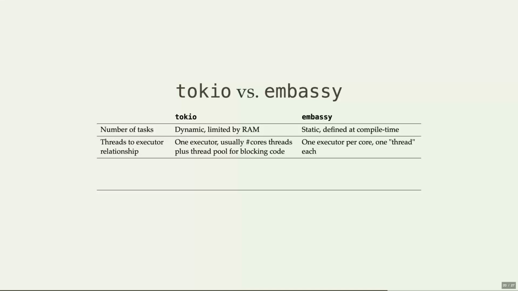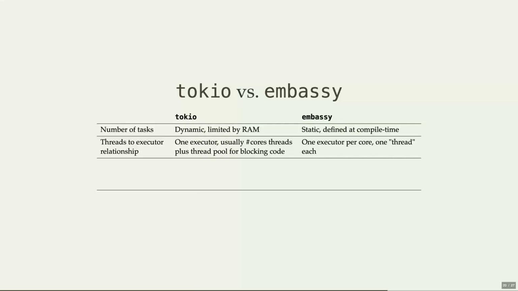The next thing we can compare is the threads to executor relationship. In Tokio, in your application, there is just one executor. And that one executor has a number of threads that's usually equal to the number of cores in your CPU, so that Tokio can make use of your complete CPU. Additionally, Tokio brings a thread pool that's designed for blocking code.